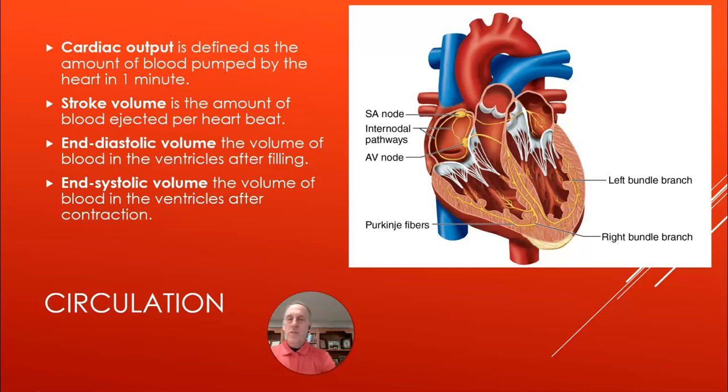The systolic volume is the amount of blood in the ventricles after contraction. So at the end of systole, meaning the S part, the higher number, once it's squished the blood out, whatever is left is the end systolic volume. The end diastolic volume is the amount of blood in the ventricles after they've filled. So the difference is one is the filling of, and the other is the contracting and squishing out of. S over D.